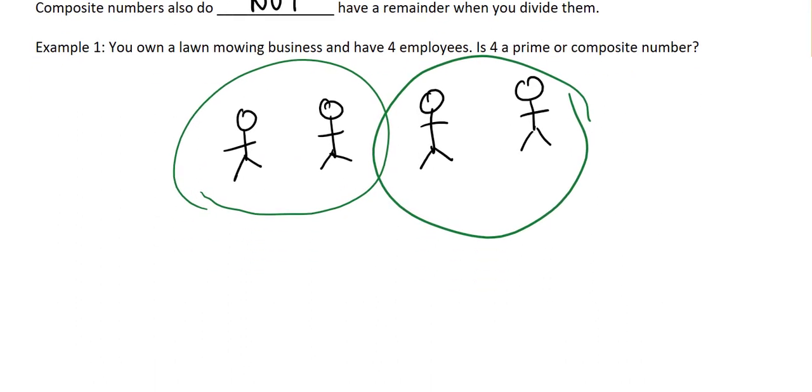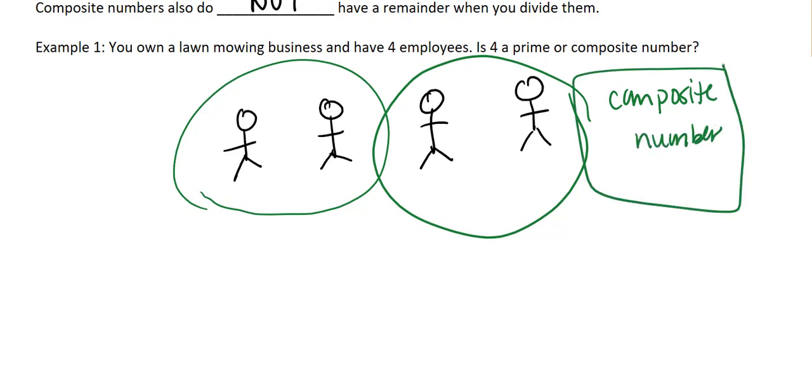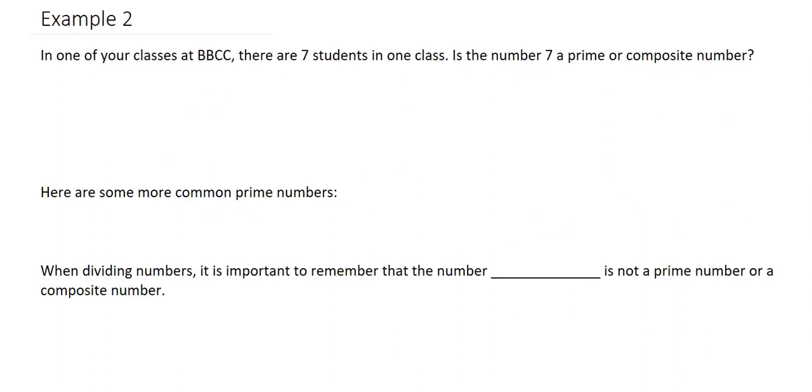And so if you can break it down into a smaller group with an equal amount in each one, then it'd be considered a composite number. But if we couldn't do this, then it would be considered a prime number. So let's go ahead and look at the next example.